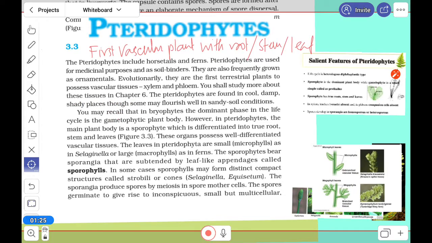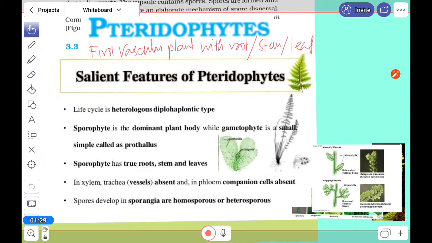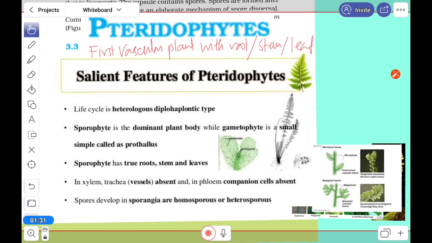Let's take a look at a few characteristics over here. It is a heterologous diplohaplontic type. I mean diploid and haploid, both forms are there, which we will see afterward.